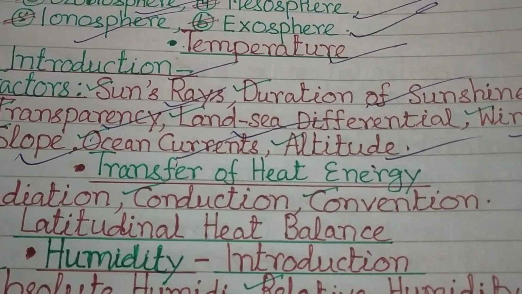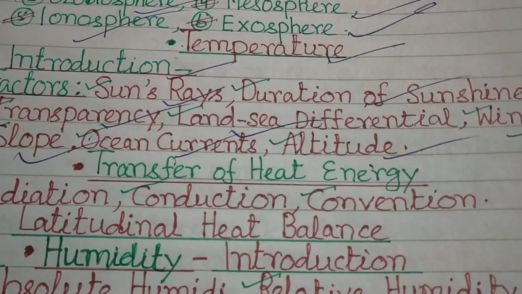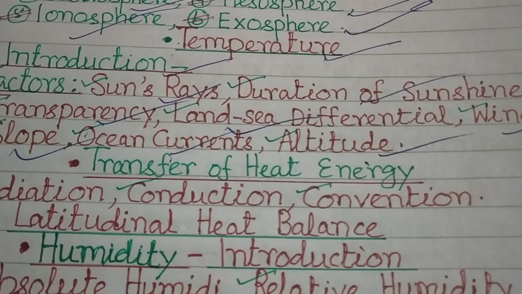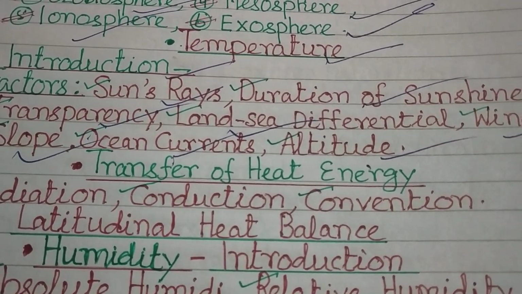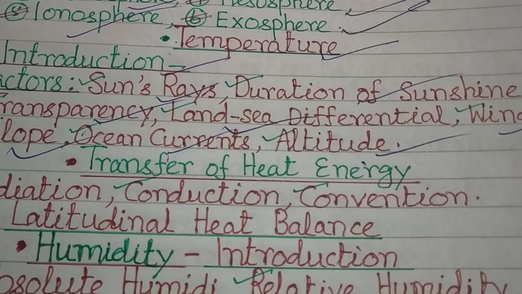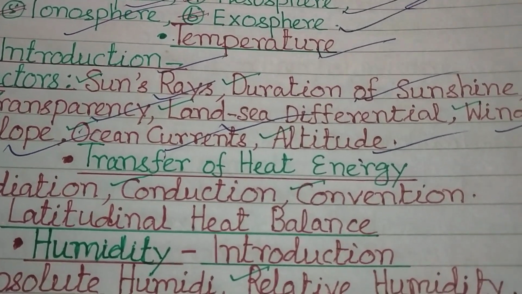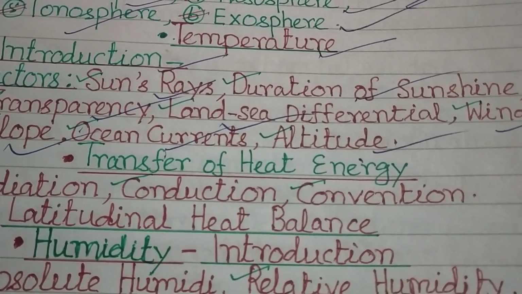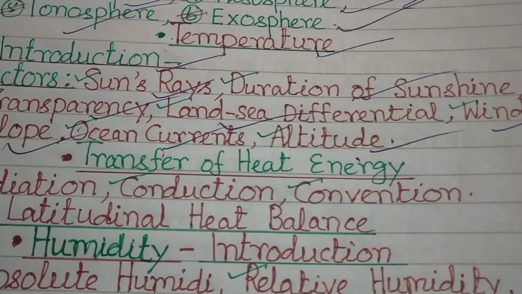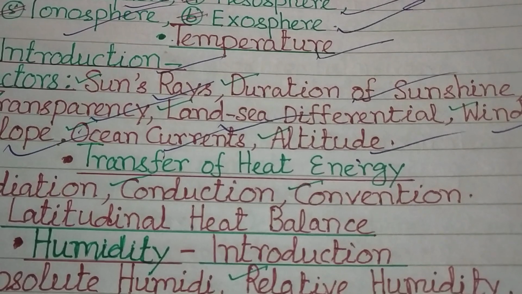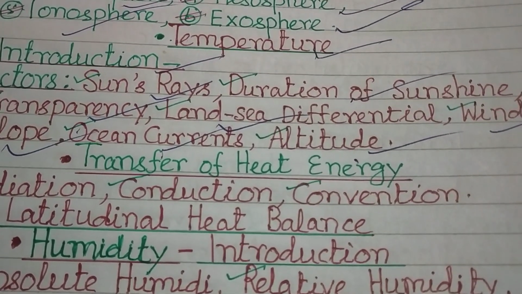At winter solstice on 22nd December, the southern hemisphere receives more sunshine as it is summer there, while at summer solstice on 21st June, the northern hemisphere receives more sunshine as it is summer time there.